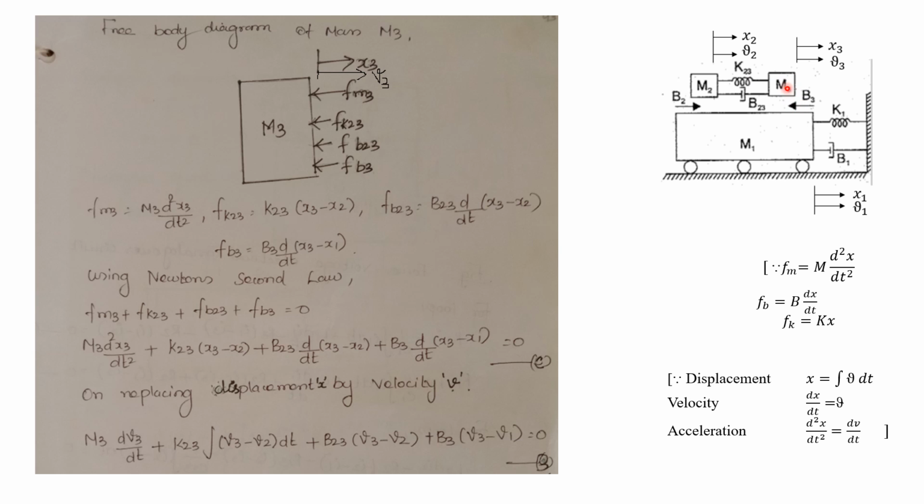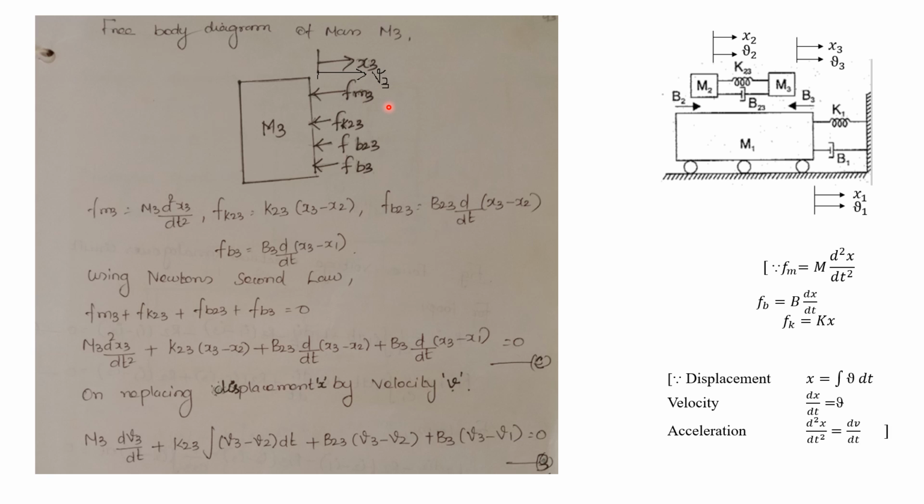Fb3 is connected between M3 as well as M1, so in the formula for Fb3 we have to write the difference in displacement x3 minus x1. Now using Newton's second law we can write the sum of the opposing forces will be equal to the applied force.